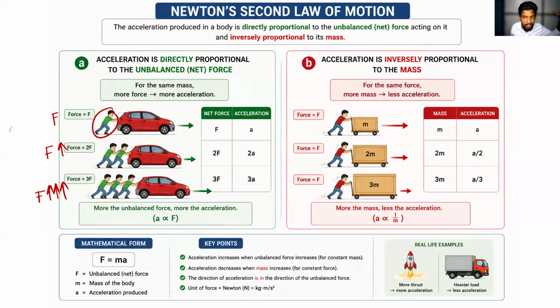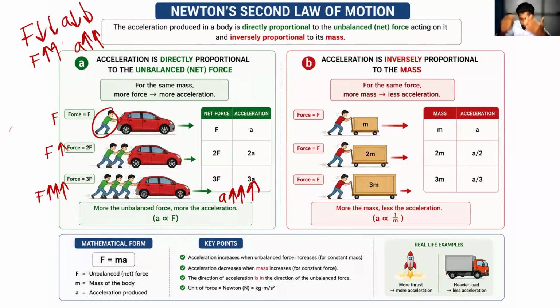When the force increases, what happens? Acceleration also increases. When the force is low, acceleration is also low. But when I apply a higher force, the acceleration will also be high. So this is called directly proportional.